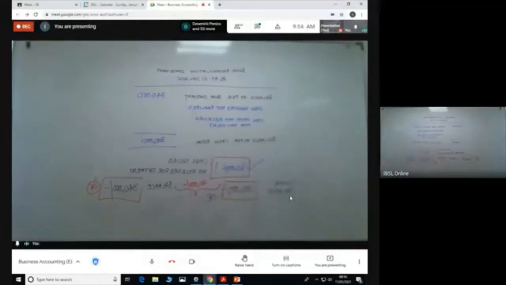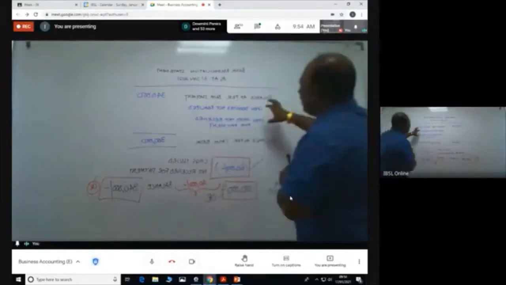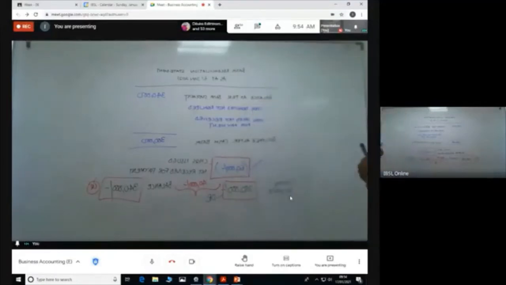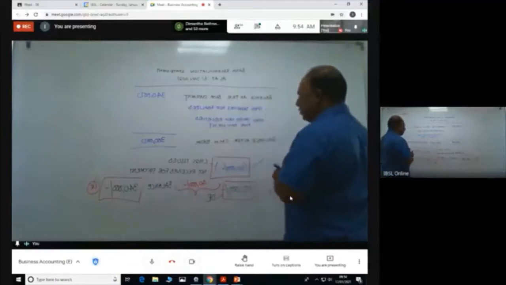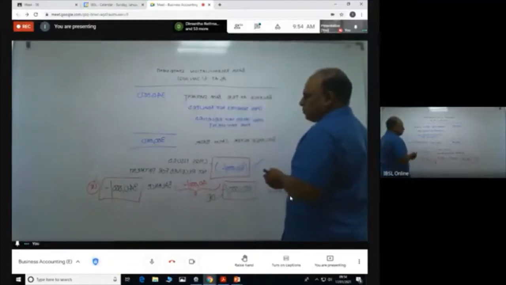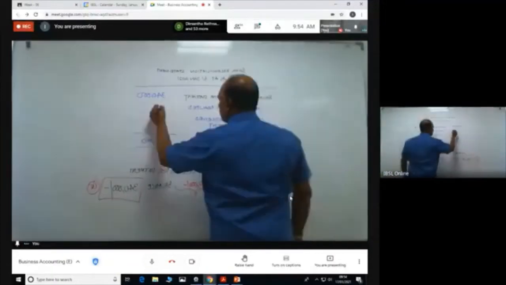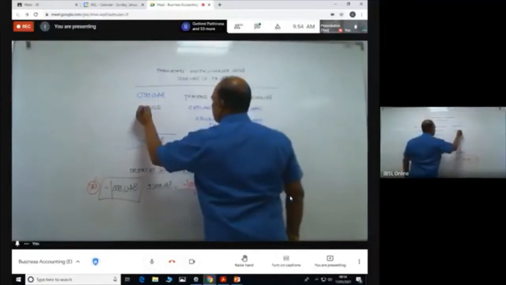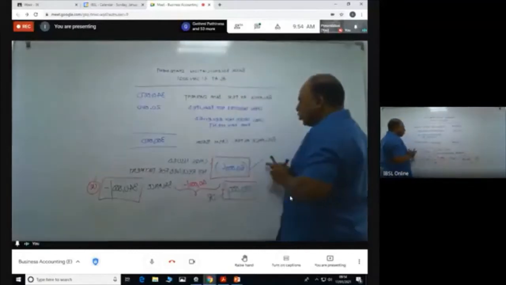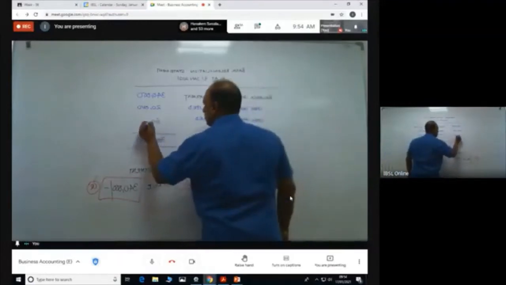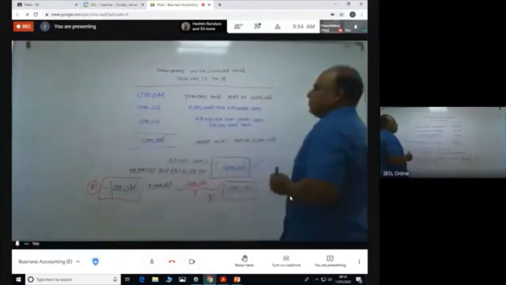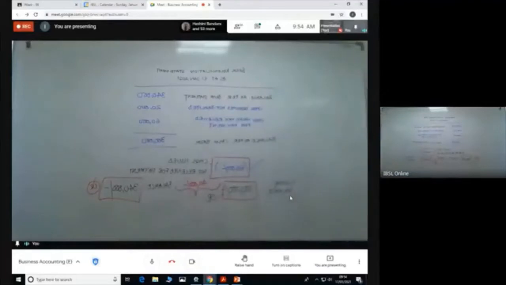Now the question is, what do I do with these amounts? You know, checks deposited not realized was how much? 20,000. Checks issued not received for payment was 60,000. So obviously now you will understand what to do with these two balances.